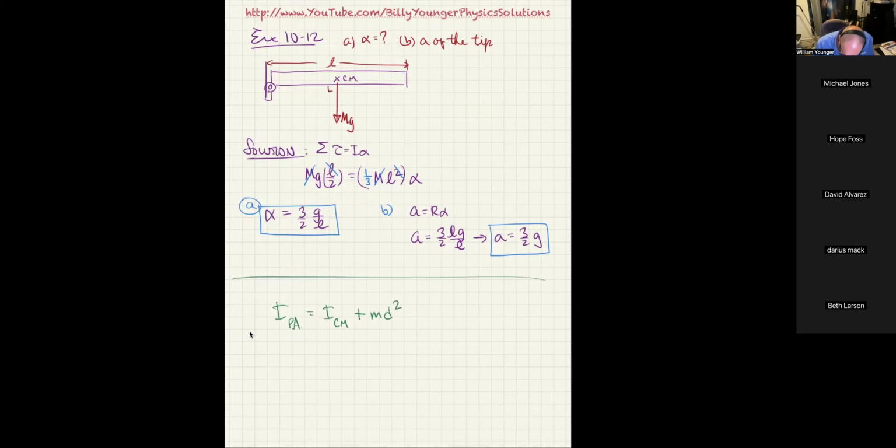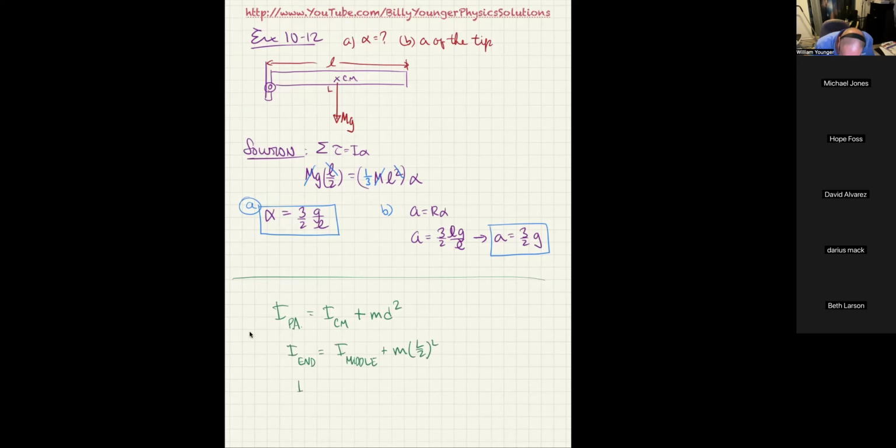So in this case, we could say I about the end is equal to the I about the middle plus m times the distance between the end and the middle, which was L over 2.